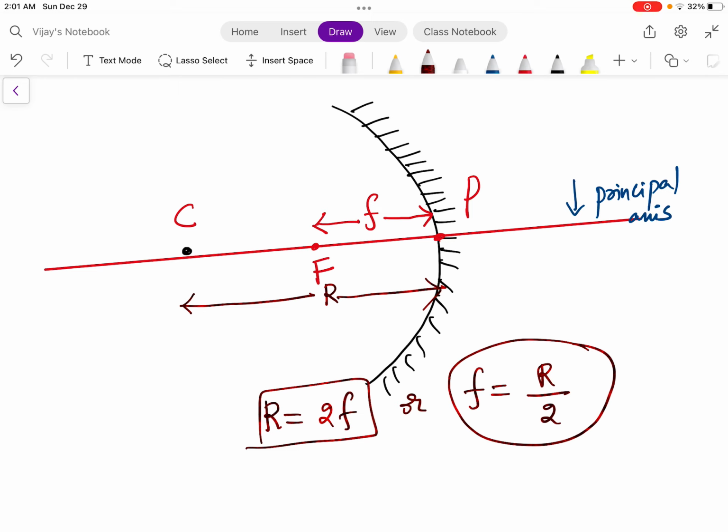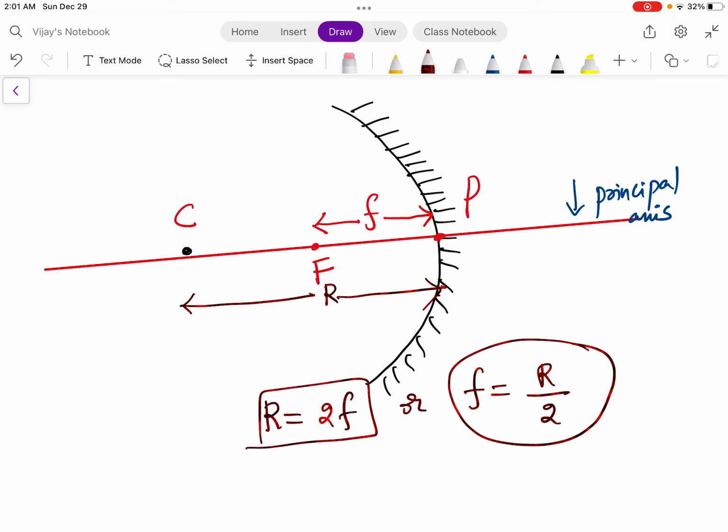Now see here, one very important topic as far as reflection of light at spherical surfaces is concerned is ray diagrams. There are 6 ray diagrams for concave mirror, and there are 2 ray diagrams for convex mirror. So what is a ray diagram basically?